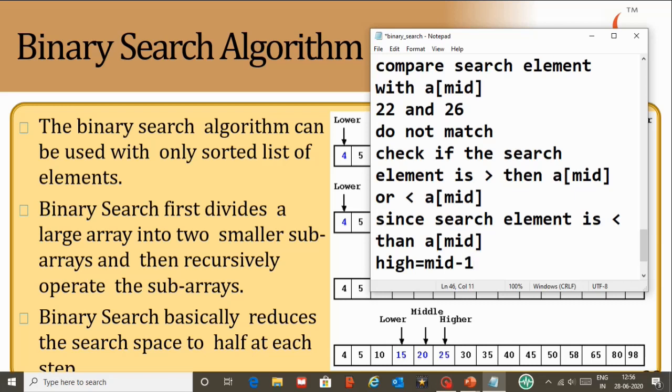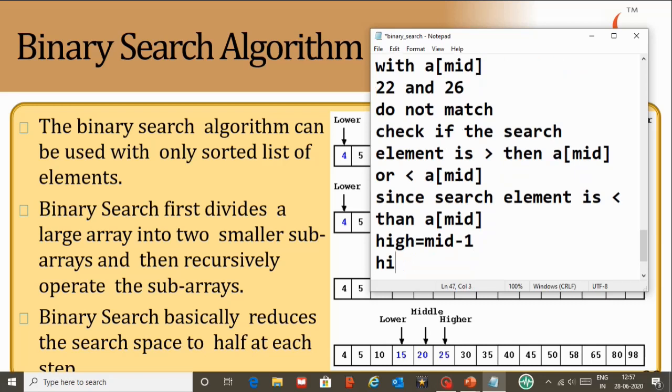Getting it? Last example, it was greater than. When the search element is greater than A of mid, low becomes mid plus 1 and high remains as it is. When the search element is less than A of mid, high is equal to mid minus 1 and low remains as it is. Please make a note of this.